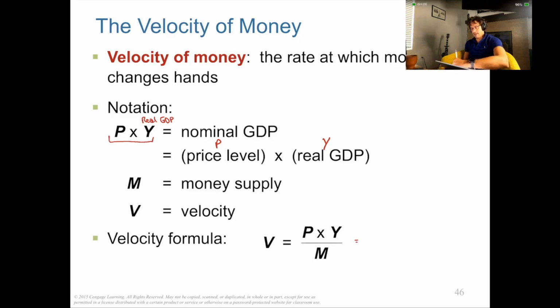So if this is the value of the purchases, and this is the amount of money in circulation, this ratio will tell you how many times money has to circulate in order to make all these transactions possible.